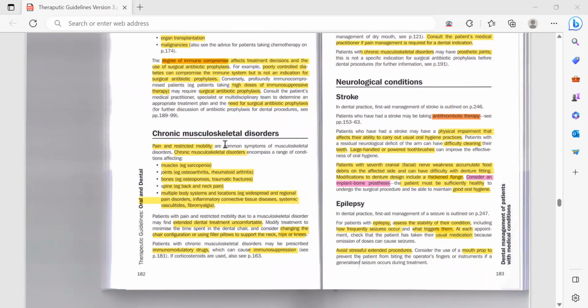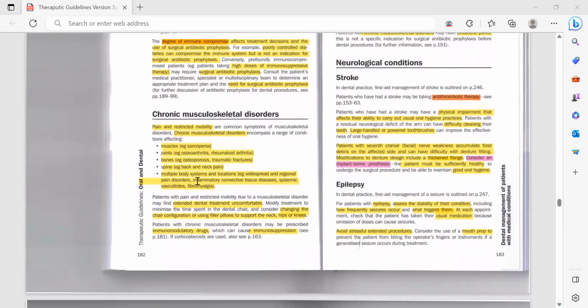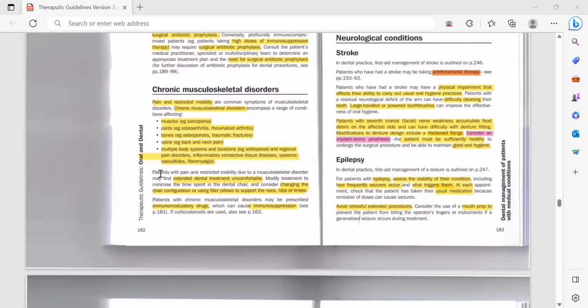Okay, then chronic musculoskeletal disorders. Pain and restricted mobility are common symptoms of musculoskeletal disorders. Musculoskeletal disorders means problems of the muscles, joints, bones, and spine, right? The patient would be in pain and have restricted mobility due to their musculoskeletal disorder.